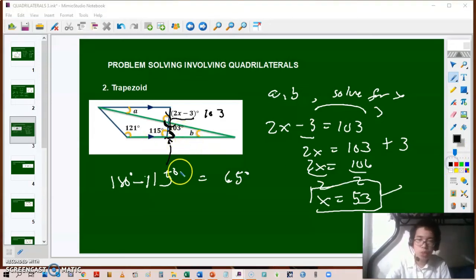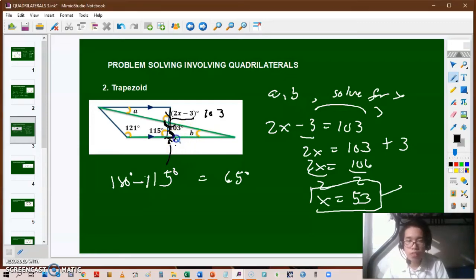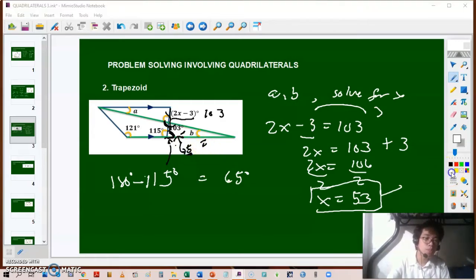So then we can get the measurement of this angle B here, because we already have the measurement of this one, 103 degrees, and we also have the measurement of this one, 65 degrees. So how do we get the measurement of angle B? Since this is a triangle, and the sum of the angles of a triangle is 180 degrees, we just subtract 103 and 65 degrees from 180 degrees.